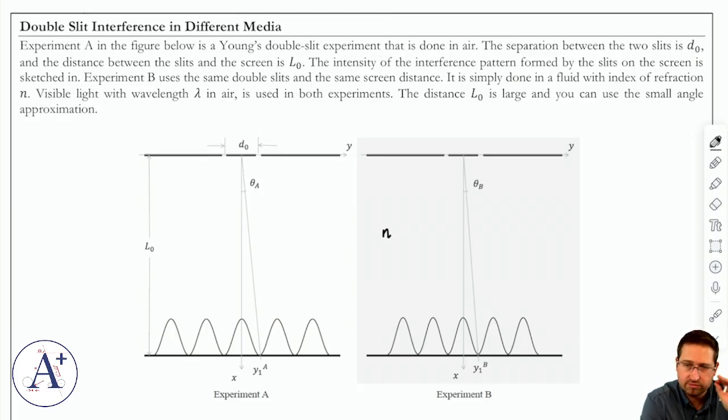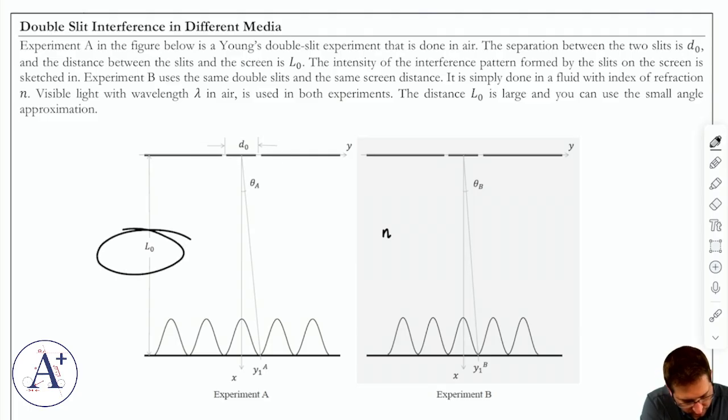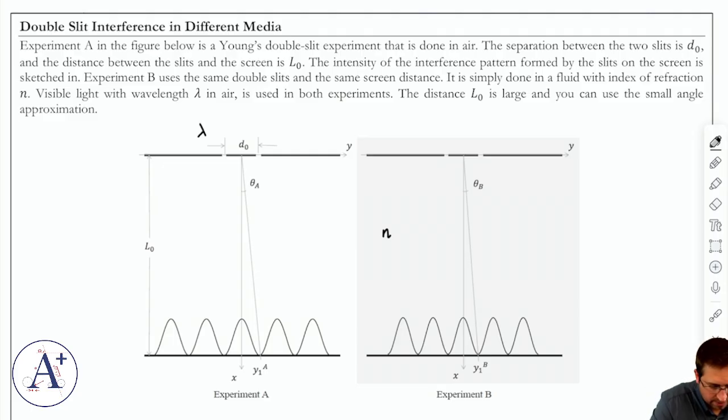The slits have a width that we neglect, only matters that there's a spacing d0. There's a distance L0 to the screen, and we're using a certain wavelength, lambda, which is given. Lambda is the wavelength in air. So this is air, and therefore n is equal to 1, and this is some fluid, but question mark, we don't know what it is.